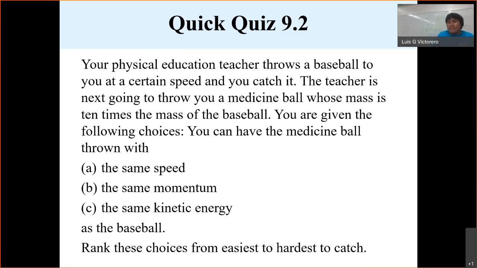And it says there that the mass is 10 times the mass of the baseball. You are given the following choices. You want to catch the medicine ball from the easiest to the hardest to catch. So you are given A, B, and C. You have to choose which will be the easiest and which will be the hardest.